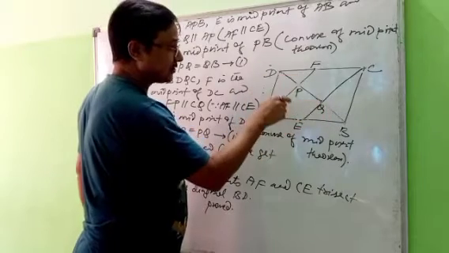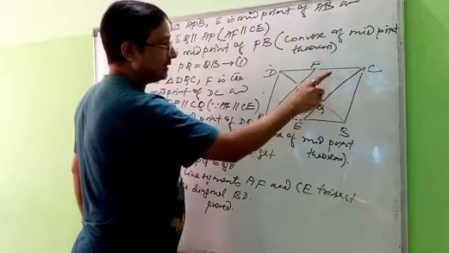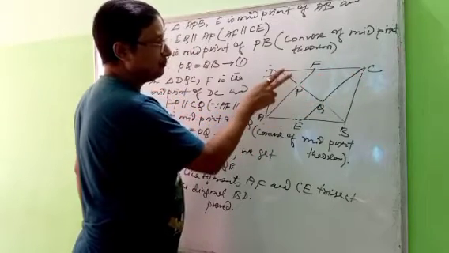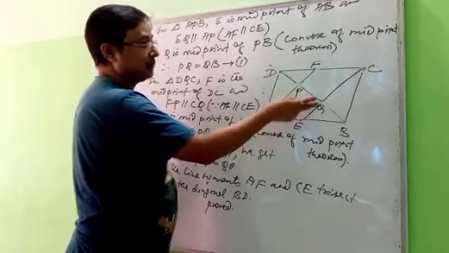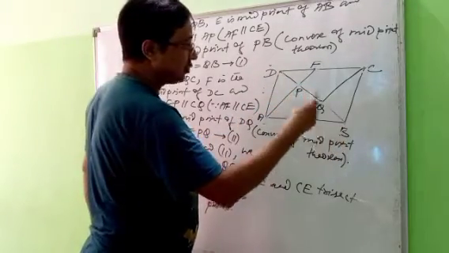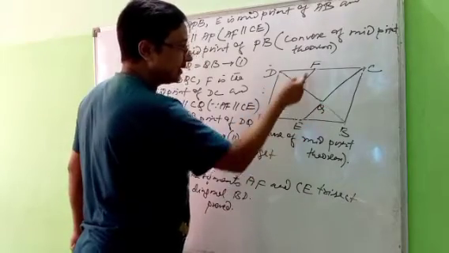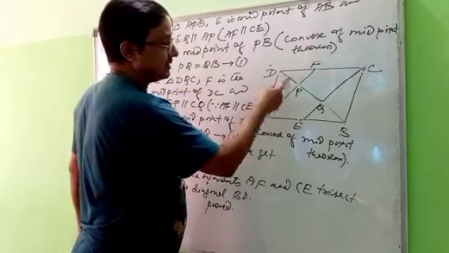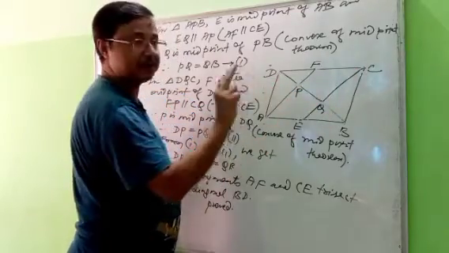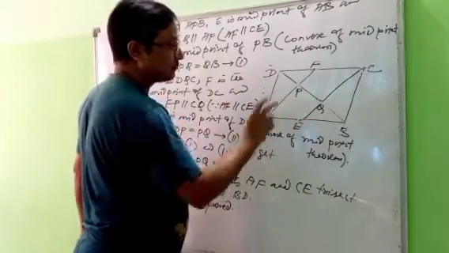Then you take the next triangle DQC, where you get that DP equals PQ using the converse of the midpoint theorem. By comparing the two equations, you get these 3 segments equal, which means the line segments AF and CE trisect, that is divide into 3 equal parts, the diagonal BD. So hence proved.